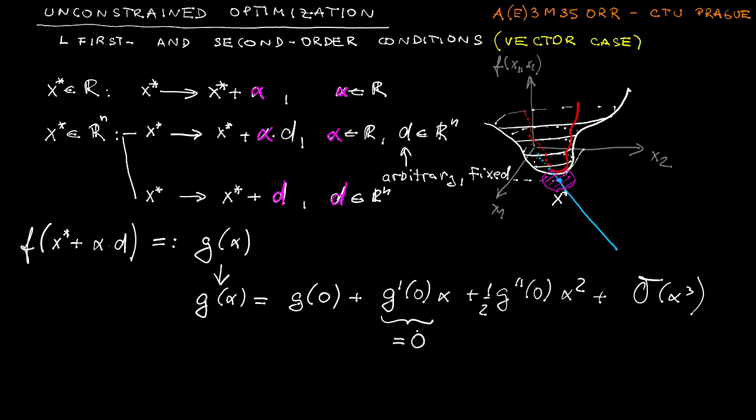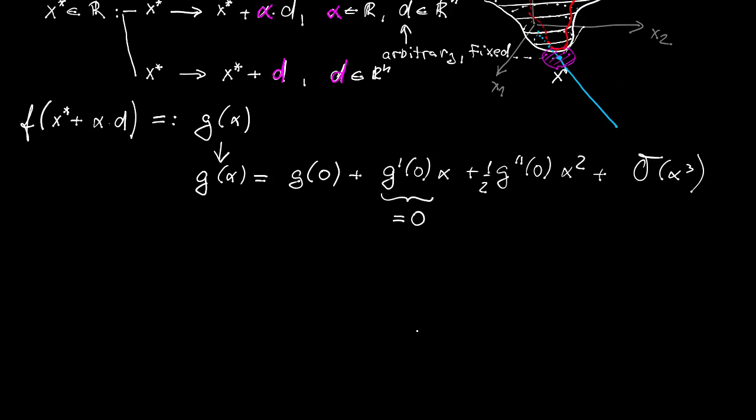That's nice, but what we are after is not the g function, but rather the f function. Therefore, we need to translate this result back into the setting with our f function.